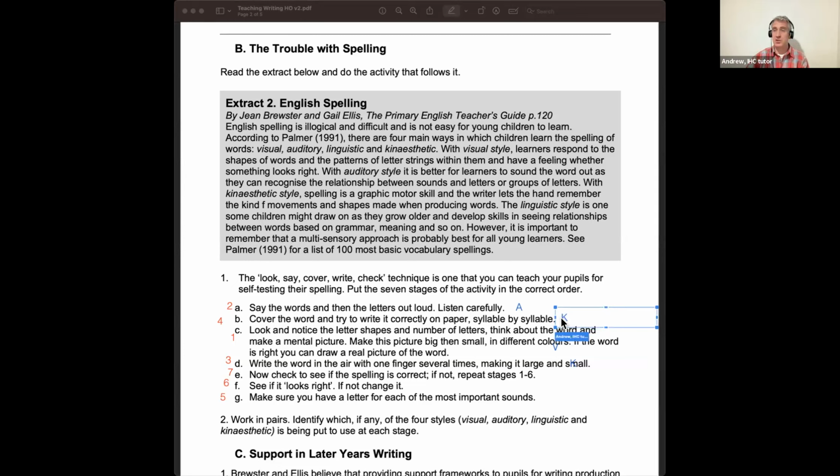So you're using your muscle memory, aren't you? The feeling of how the letters feel with your body. Sorry, number five, make sure you have a letter for each of the most important sounds. It's auditory, isn't it?